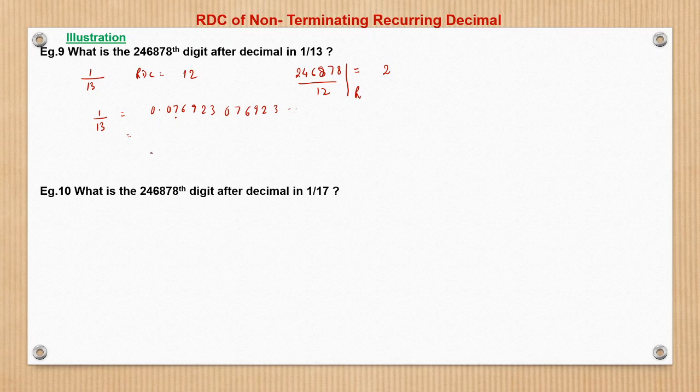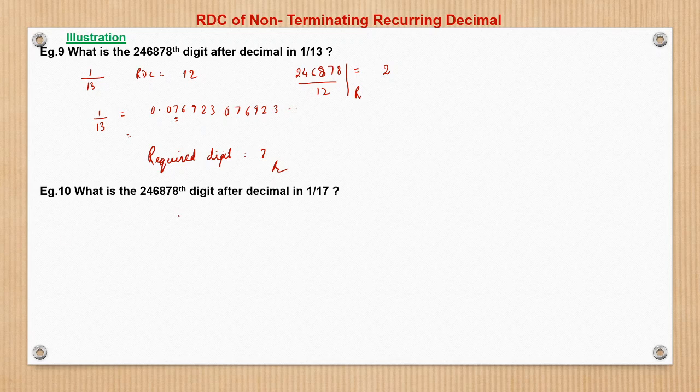So the required digit is 7. Though in actual the repetition happens at 6, not 12, we said that 12 is the maximum. We may get an even lower RDC.